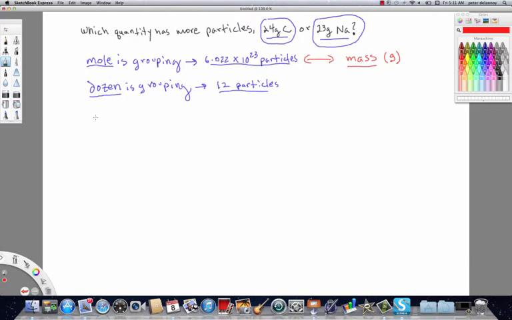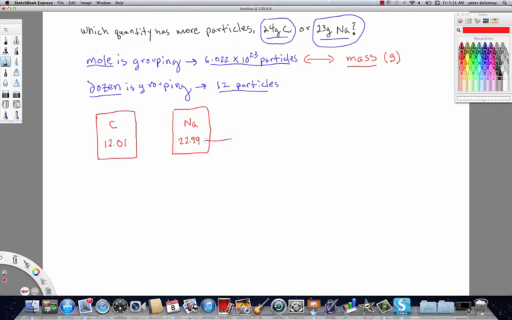The way this works, and I'm just going to generalize this, is if we look at the periodic table, and we're going to look at carbon and sodium, since that's the nature of the problem before us. In the corresponding boxes for these two elements we see the atomic masses, which are written below the symbol.